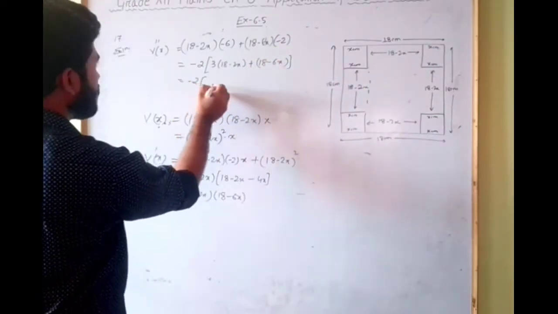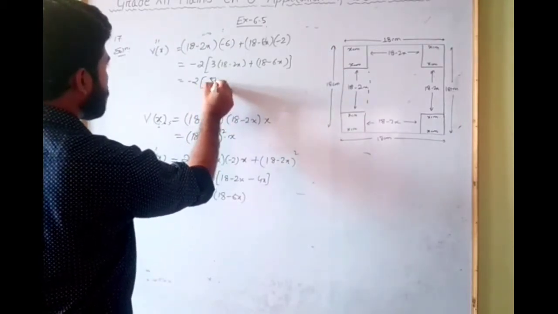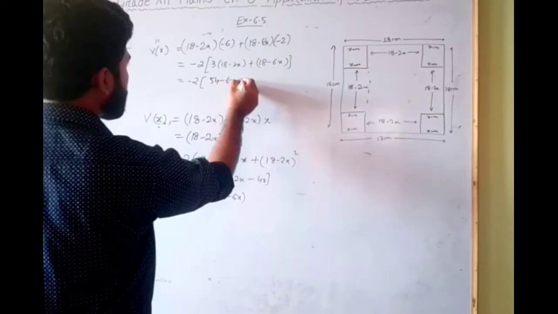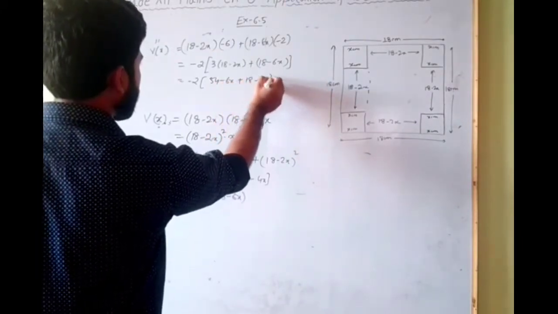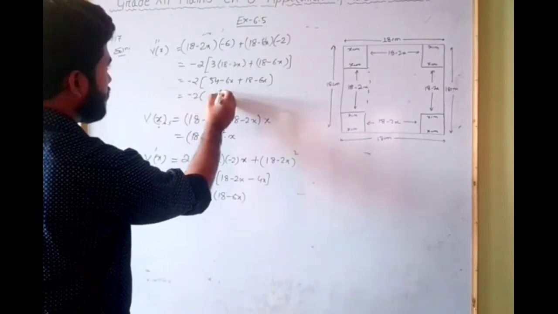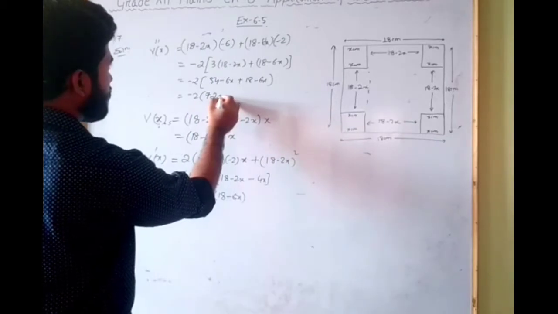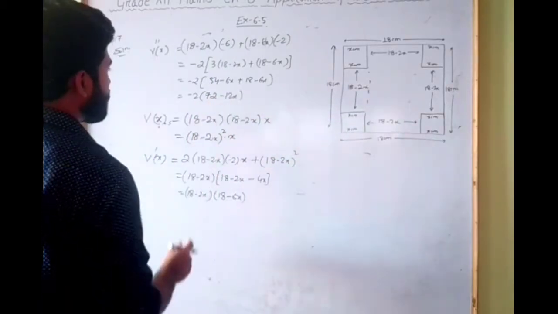This will give us minus 2 into 54 minus 6x plus 18 minus 6x. So this will give us minus 2 into 72 minus 12x.